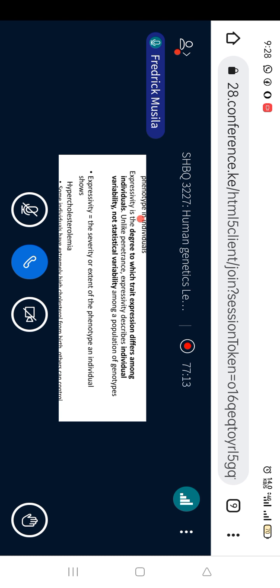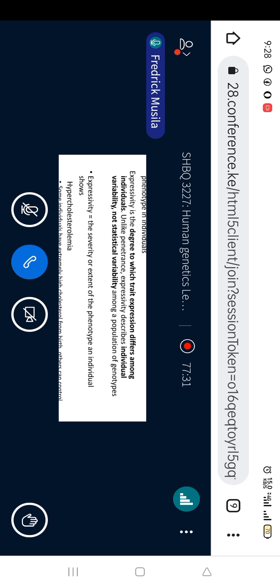But under expressivity, there is a degree of variation. Some people will have this level, others will have more, others will have very high levels of cholesterol. So that's what we mean by expressivity.